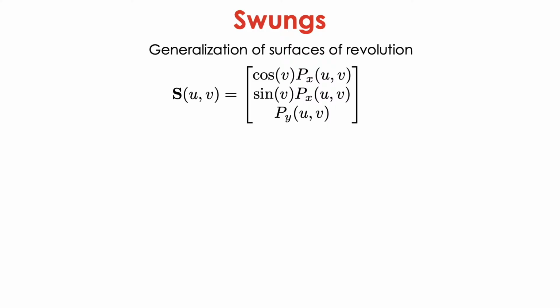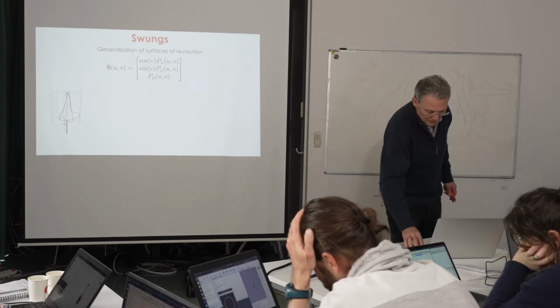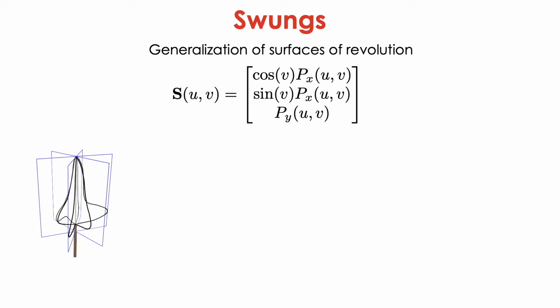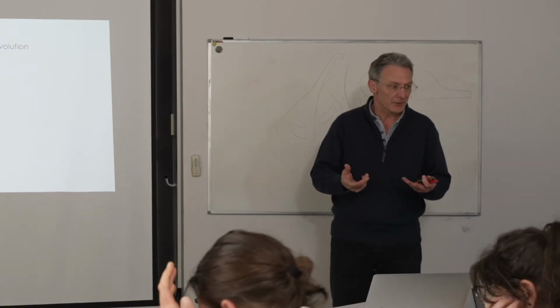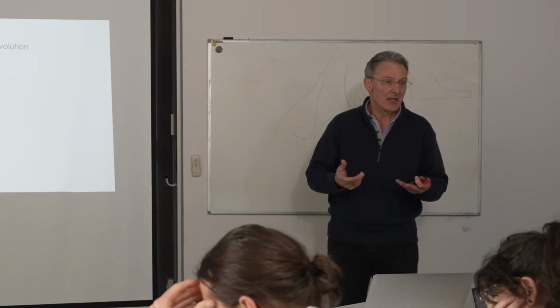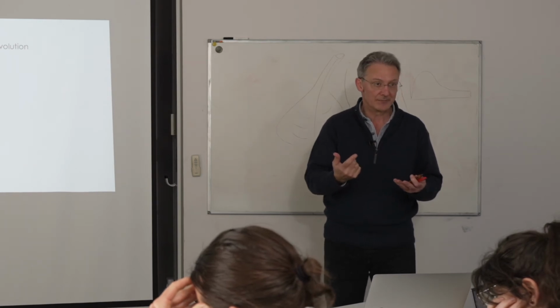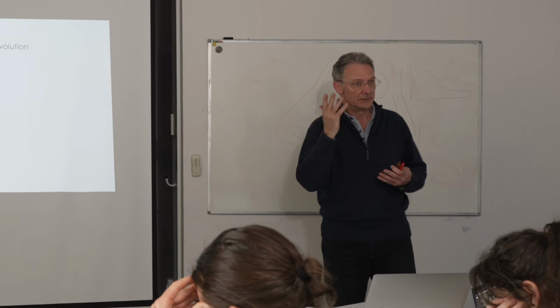There is a slightly different object that gets its own properties. That is called the swung. And the swung, just to give you a main idea of how it works, the idea is to create a volumetric object by describing the different profiles that are on the object in different planes, by rotating the plane, okay?